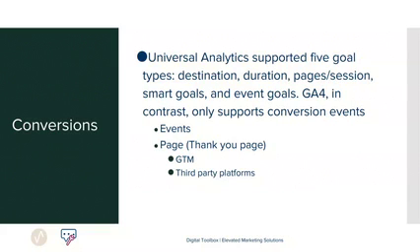So if you haven't moved over to the G4 platform, you want to move over as quickly as you can, because you might have to reset up all of the conversions that you had set up before in order to make sure that they are available. The easiest way to do that is going to be through GTM or Google Tag Manager. It's really simple to get your tags set up. You have to turn events into conversions, and that's going to be the easiest way.